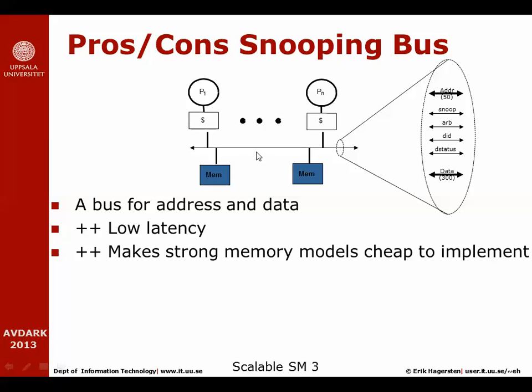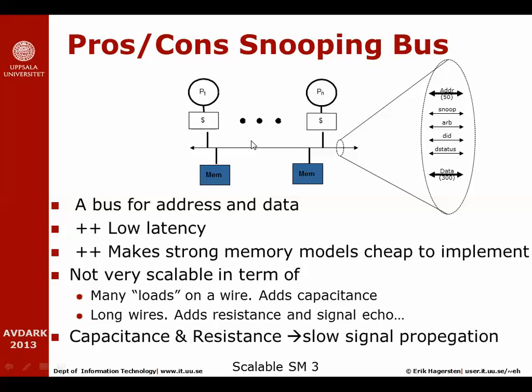We've seen that the order between the address transactions sent on the snoopy cache coherence protocol defines the global order between transactions in sequential consistency, as well as the store order that total store order, TSO, relies on. But there are severe scalability problems with the buses the way we looked at them before.